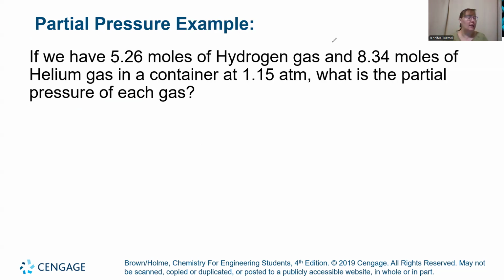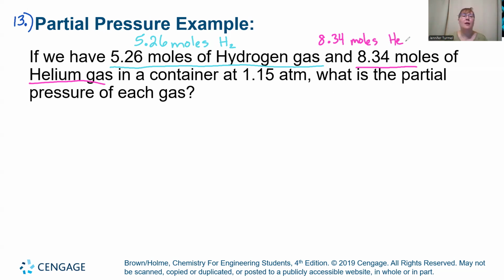Let's go ahead and take a look at a couple of problems here. Here we are on slide 13. And let's take a look at this. So first of all, we have 5.26 moles of hydrogen. Okay, so that's 5.26 moles of H2, just to remember. And then we have over here our 8.34 moles of helium. So that gives us 8.34 moles of helium gas. Okay.